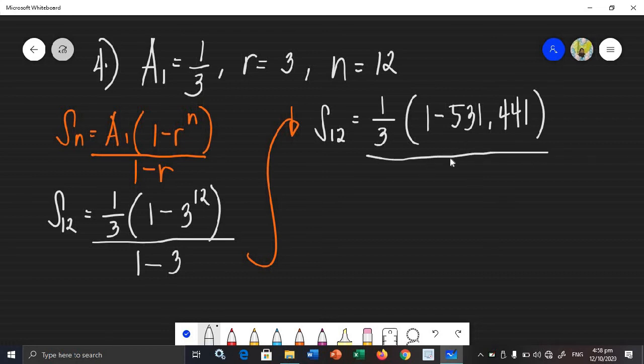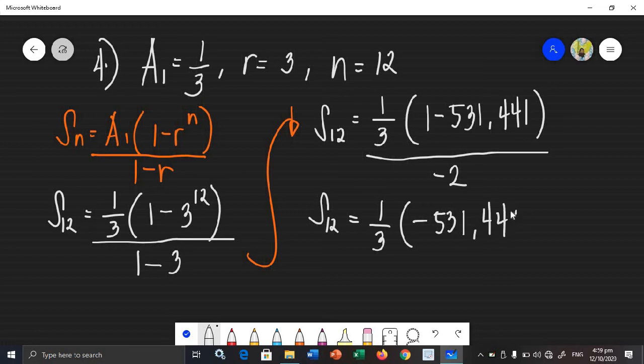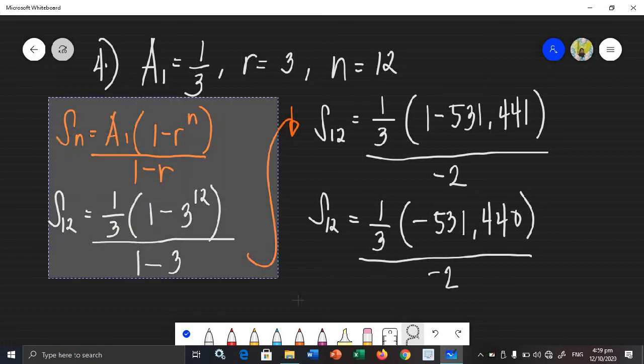All over 1 minus 3, the answer is negative 2. So S sub 12 is equal to 1/3 times quantity 1 minus 531,441. The answer is negative 531,440, all over negative 2. Okay? So I'm going to delete this part.